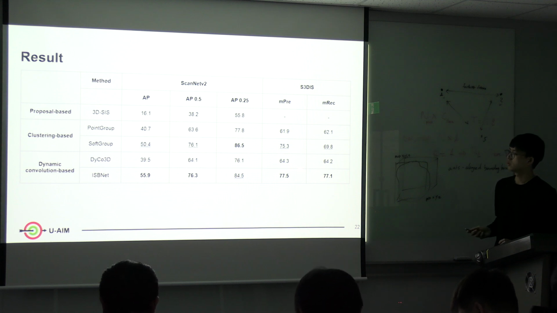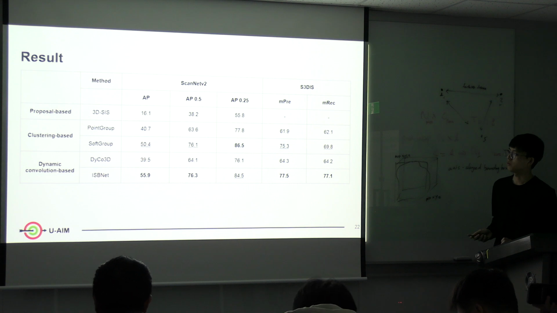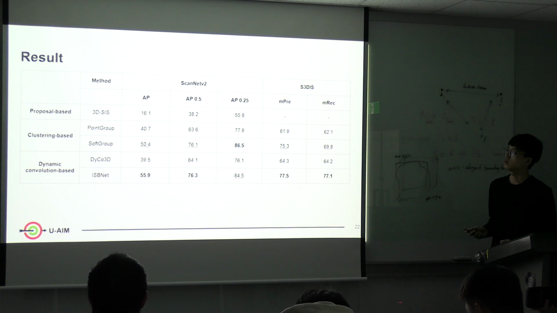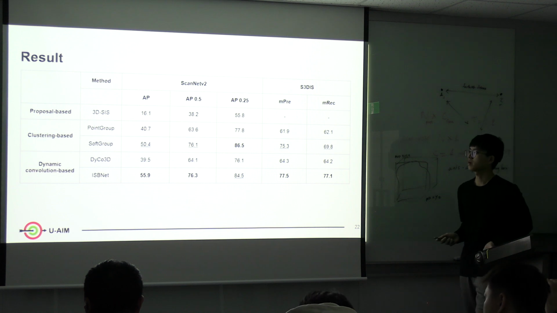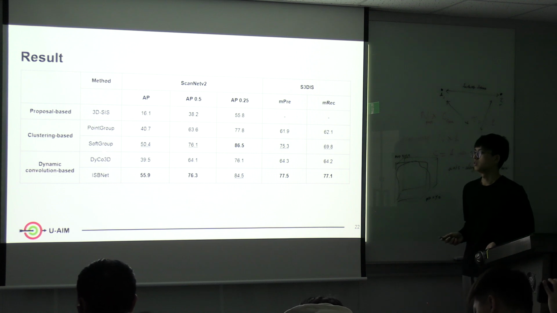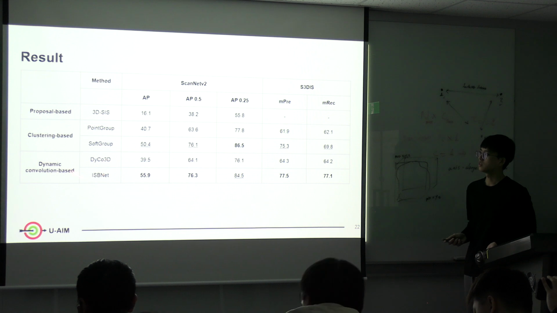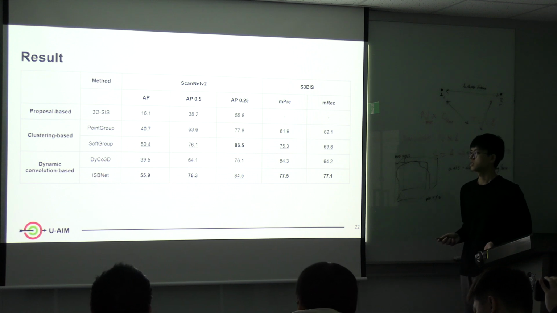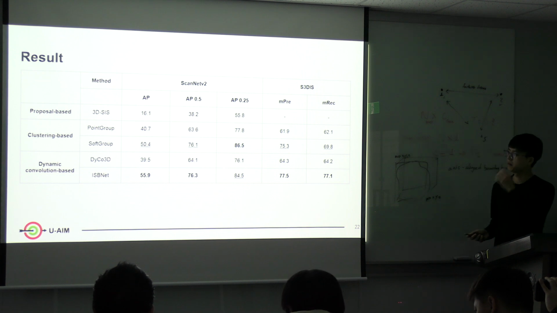So if you're interested and want to do more research in 3D instance segmentation, I recommend that you read this page and build on the state of the art to get a better result.